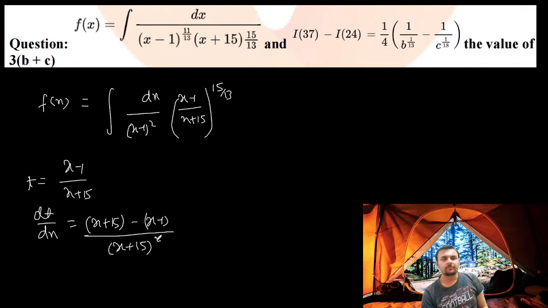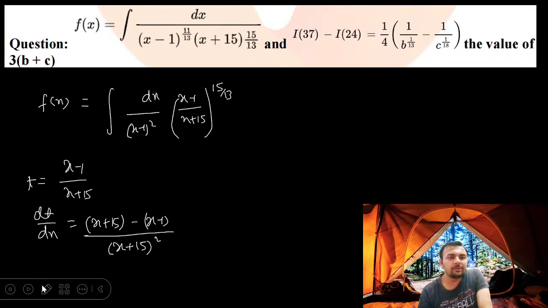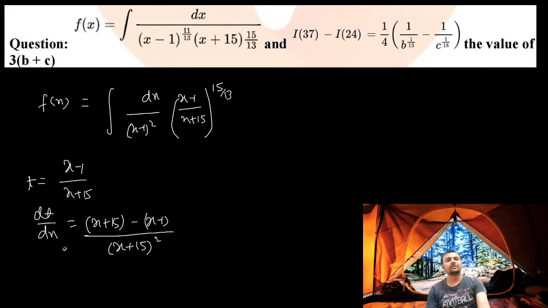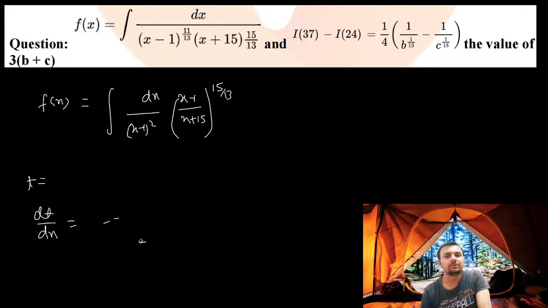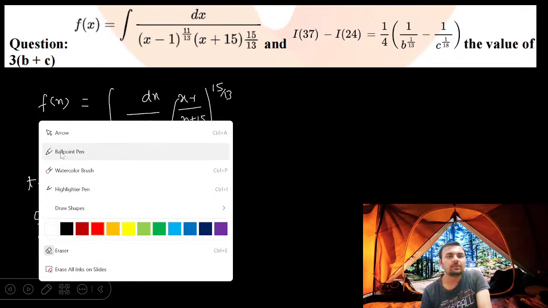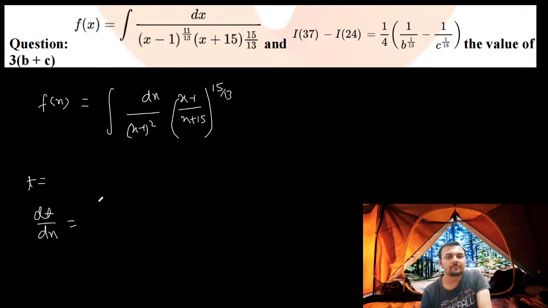Okay, what we will do is that we'll put x plus 15 upon x minus 1 to the power 15 equal to t, and then we'll differentiate. I think we are going to get, we'll put x plus 15 upon x minus 1.